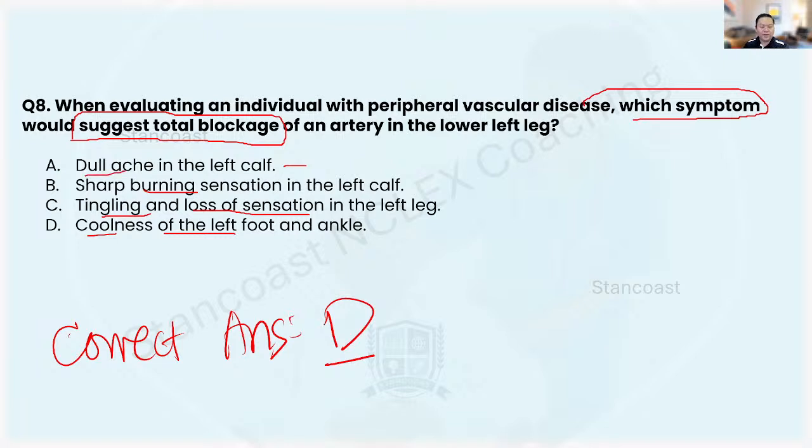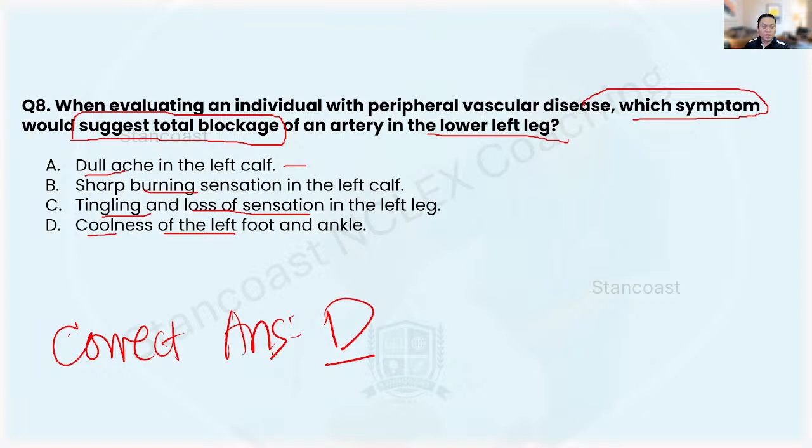Why not letter A? Dull ache in the left calf. Okay. The lower left leg. If you had answered letter A, dull ache in the left calf, this is incorrect because it will typically signify intermittent claudication, right?